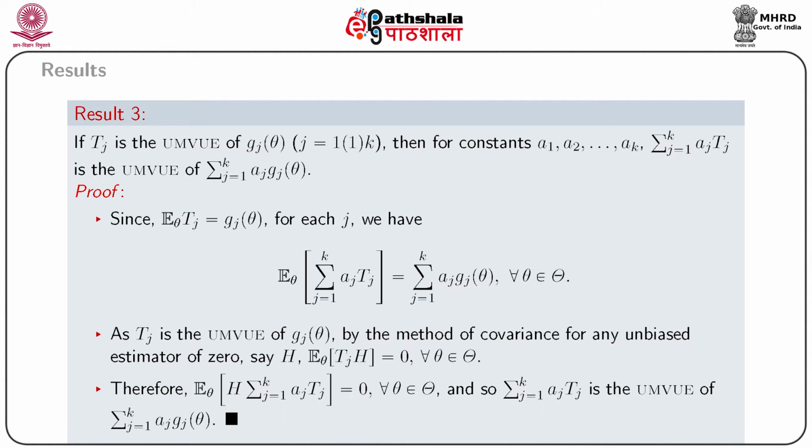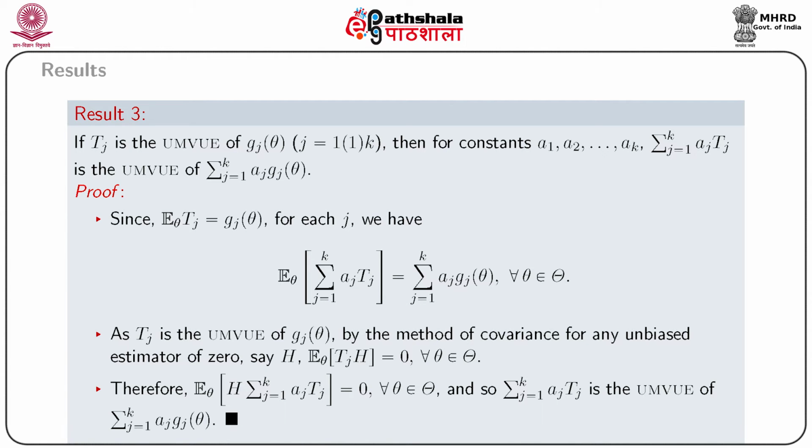Since T_i is the UMVUE of g_i theta for all i, by the method of covariance, expectation under theta of T_i into H equals 0 for all theta and for all H belonging to U naught, which implies expectation under theta of summation over i from 1 to k a_i T_i into H equals 0 for all theta and for all H belonging to U naught.